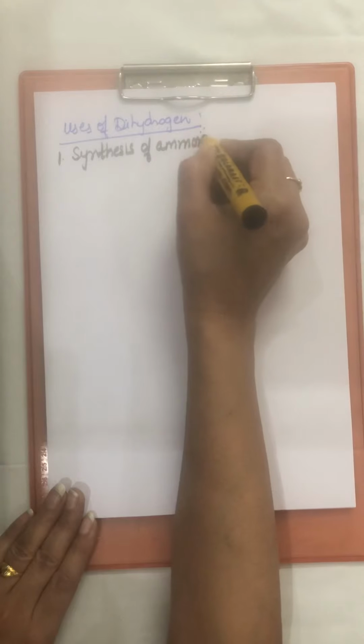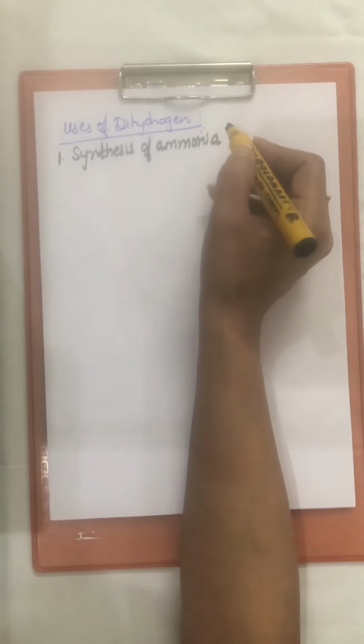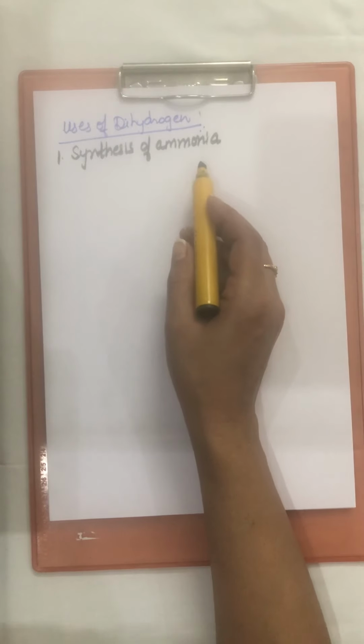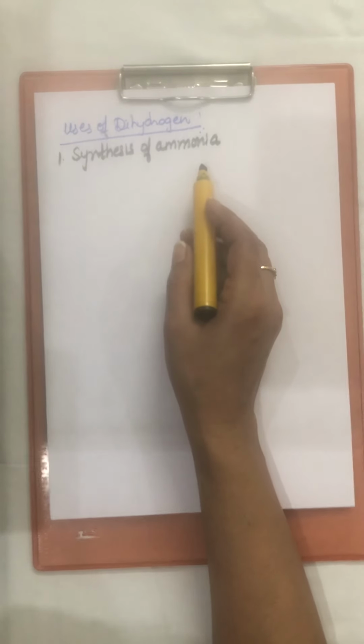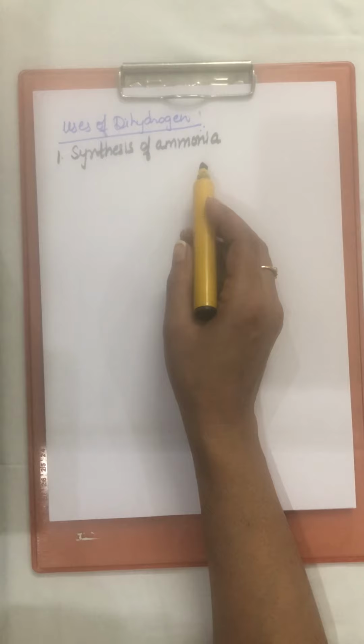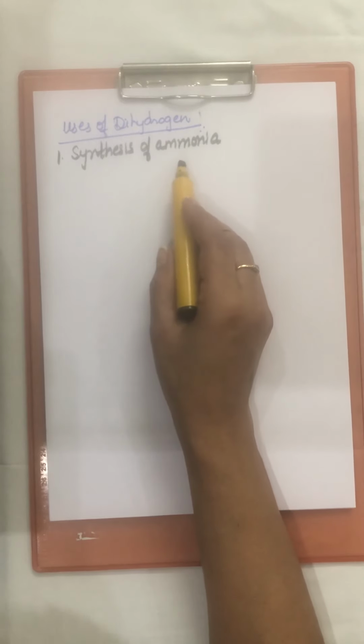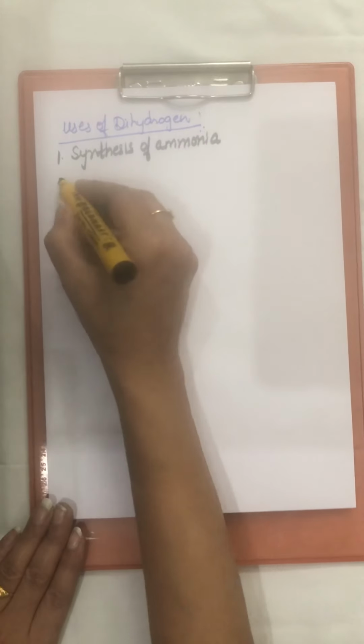Just now we have done one reaction of hydrogen with nitrogen, and it forms ammonia in presence of a catalyst iron and a promoter molybdenum. This reaction is used for synthesis of ammonia.